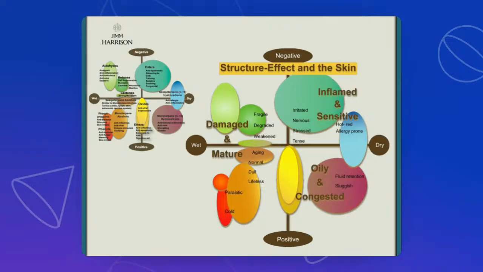And so I found the structure effect diagram to be extremely useful for learning chemistry. I did not toss it out. It didn't make sense to me, and it's not very consistent, which is why they're trying to toss it out. They're going, well, it's not consistent, it's not accurate, but it's actually a good tool for learning essential oils and as a guide for how you select essential oils.